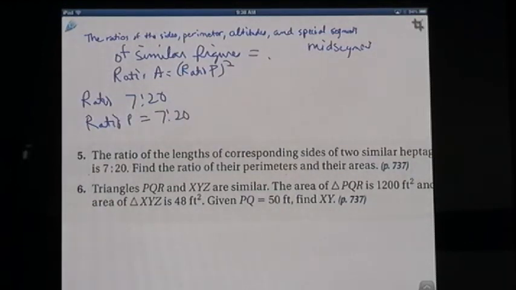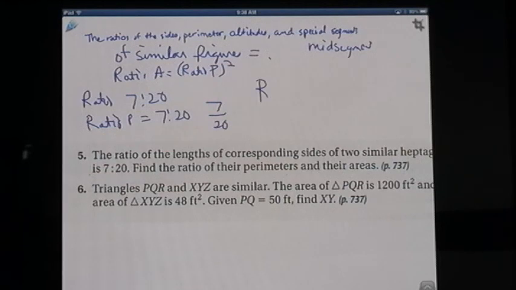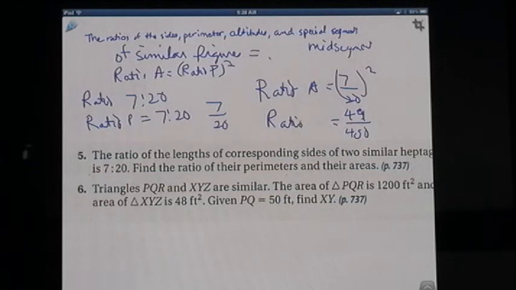Now, if you need to write this as a fraction for it to compute with you, you can do that. The ratio of the area then equals 7 over 20 squared, which is 49 over 400. Since 49 is only divisible by 7 and 400 is not, we cannot reduce that ratio. So the ratio of the areas is equal to 49 to 400.